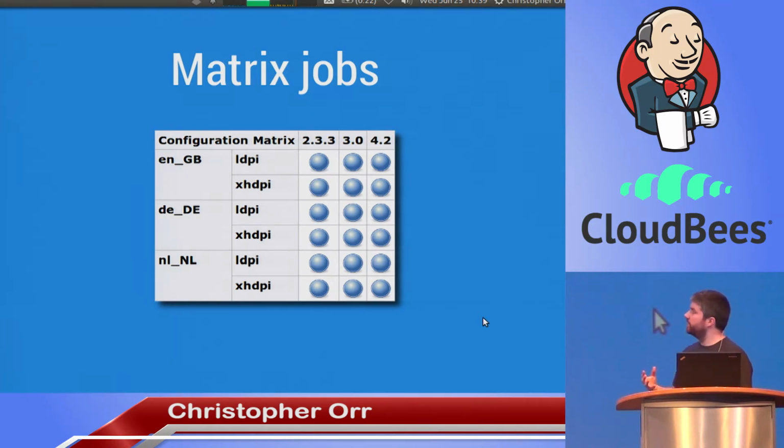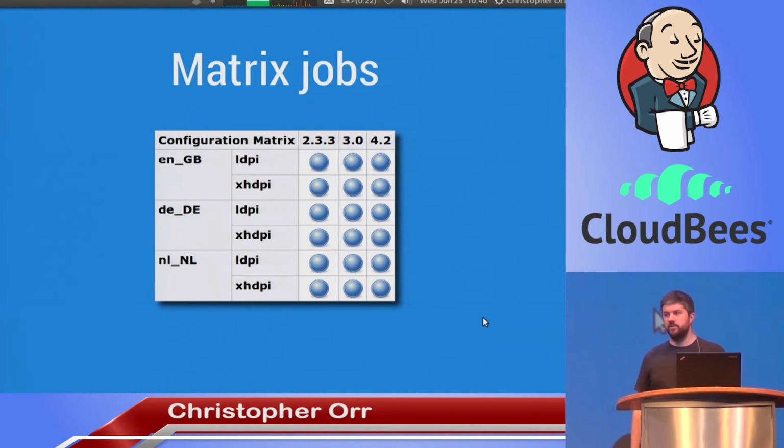The nice thing about using a matrix job with the emulator is it really helps to find some subtle bugs. So personally, I found a lot of bugs that I would never have found through manual testing just because of the sheer number of combinations that there are out there. So for example, sometimes I've mistyped an ID in one of my German layout files, or I've forgotten a string parameter in one of the languages or one of the screen sizes, and that will cause a crash at runtime.